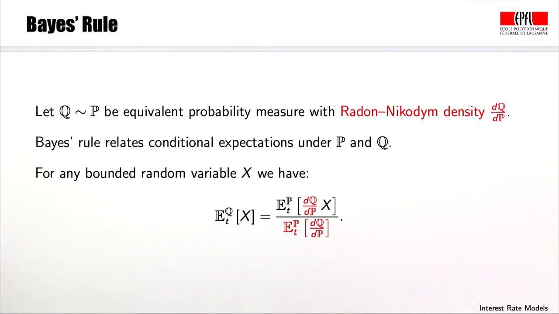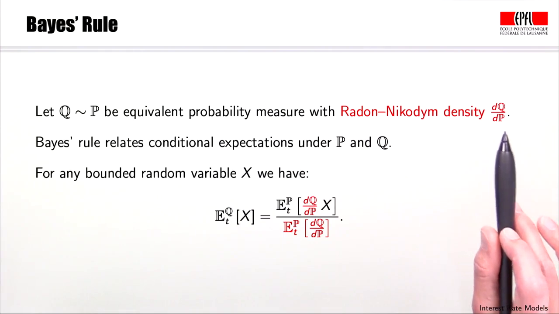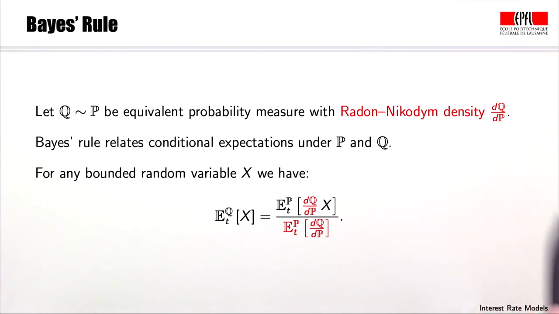In financial modeling, we often change the probability measure. This is why it is useful to review Bayes' rule. Let Q and P be equivalent probability measures with Radon-Nikodym density denoted by dQ over dP.